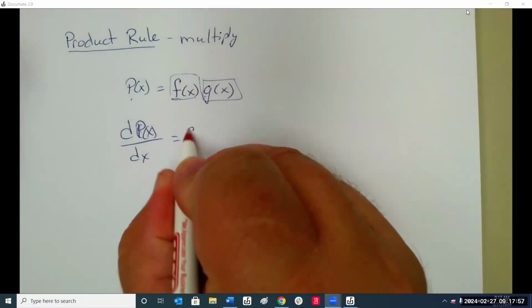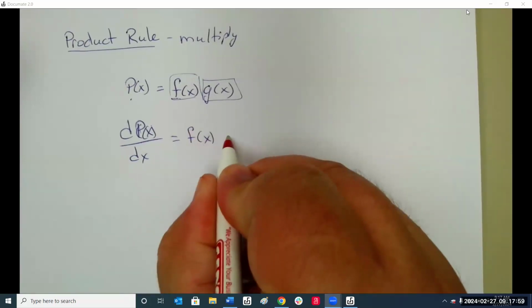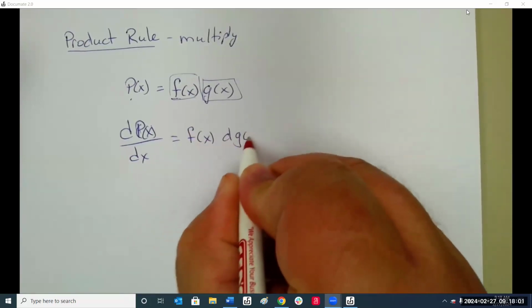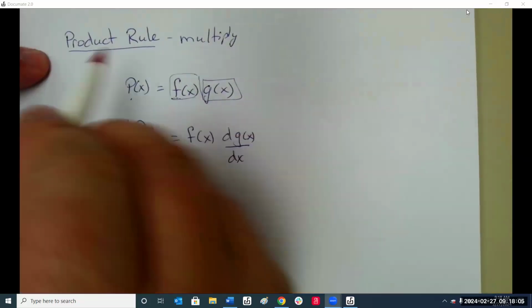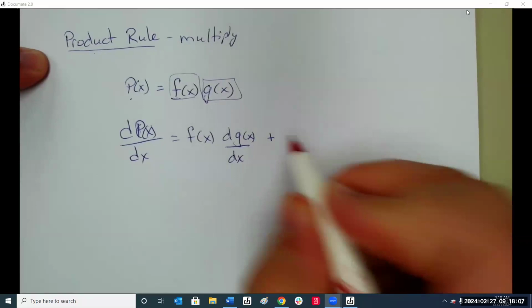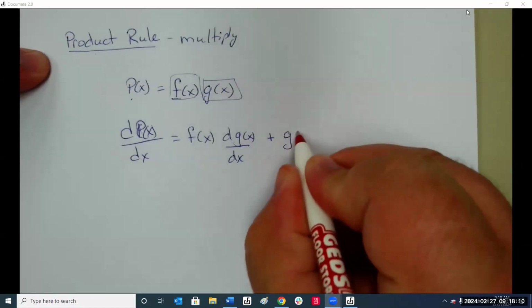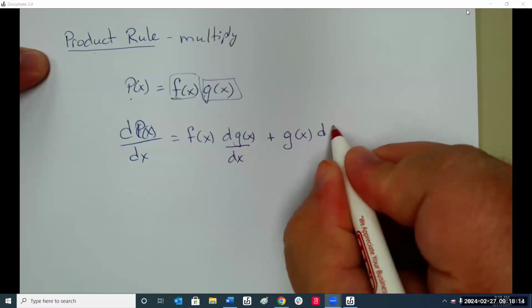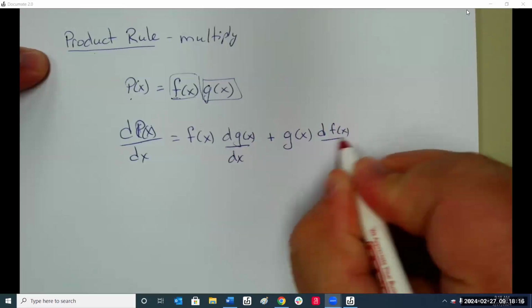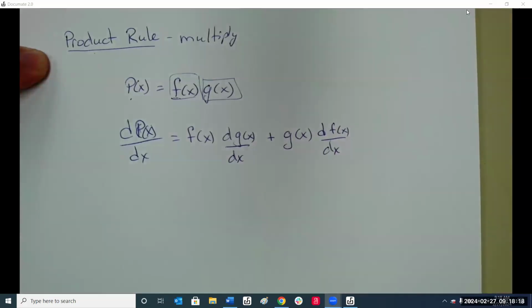So we have the function f of x times the derivative of g of x. Since it's a product, we're making things bigger, so we put a plus sign there. Then the other one, g of x times the derivative of the first one.